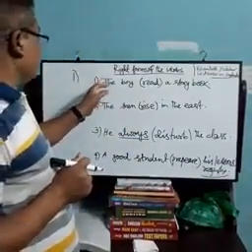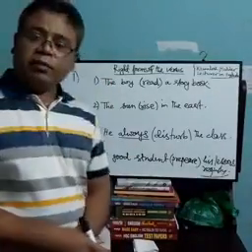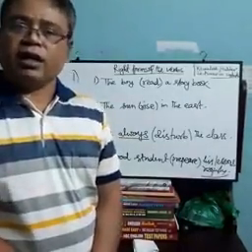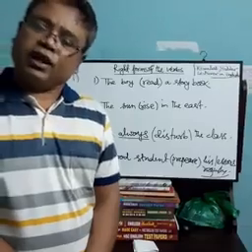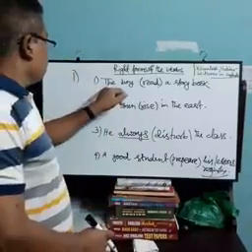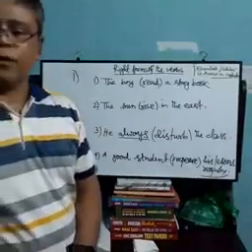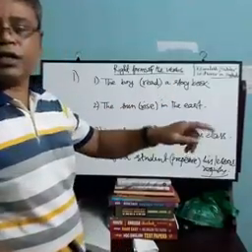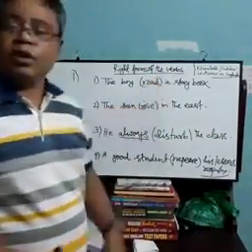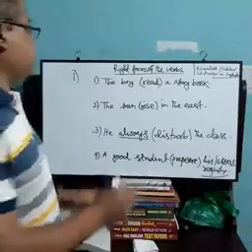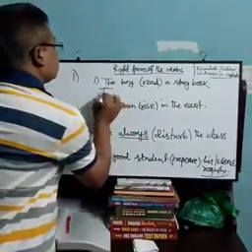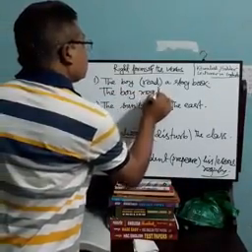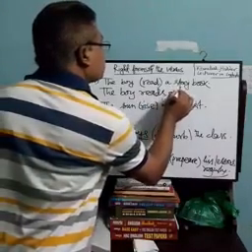The first rule is, if the sentence is in present indefinite tense and the subject is third person singular number, the verb takes s or es after the verb to make it complete, such as: The boy reads a storybook.